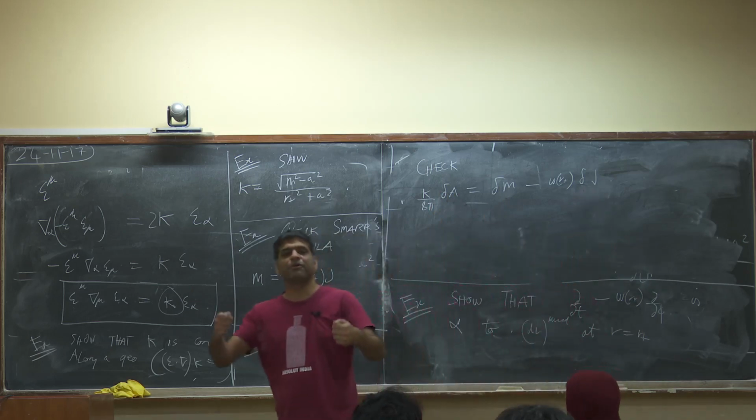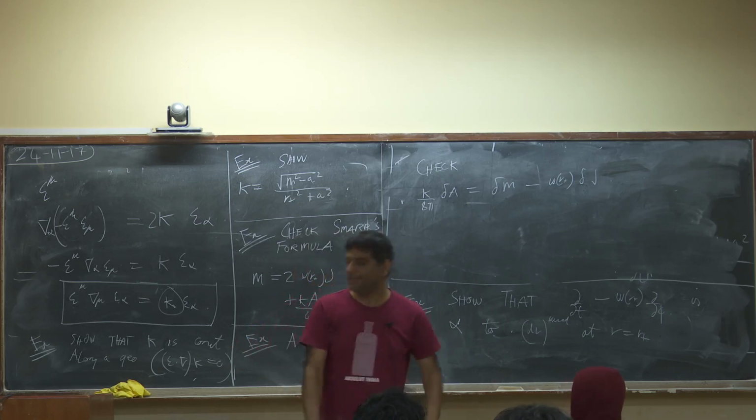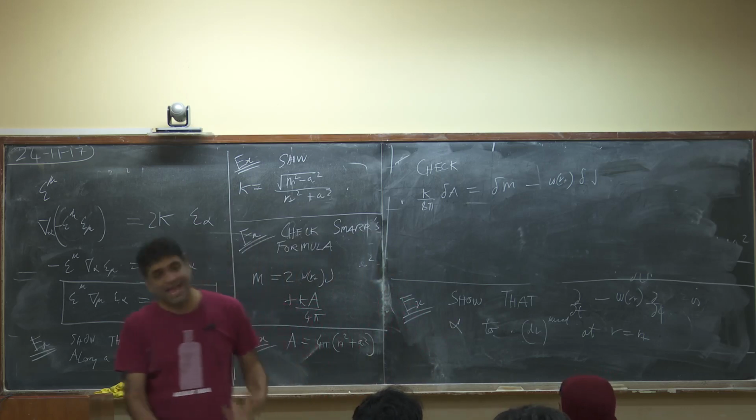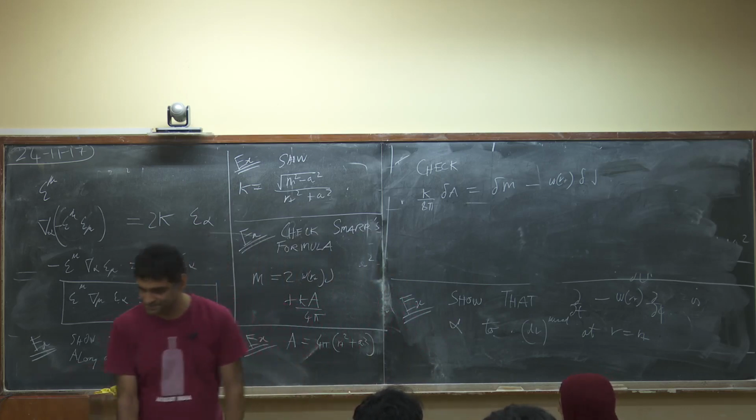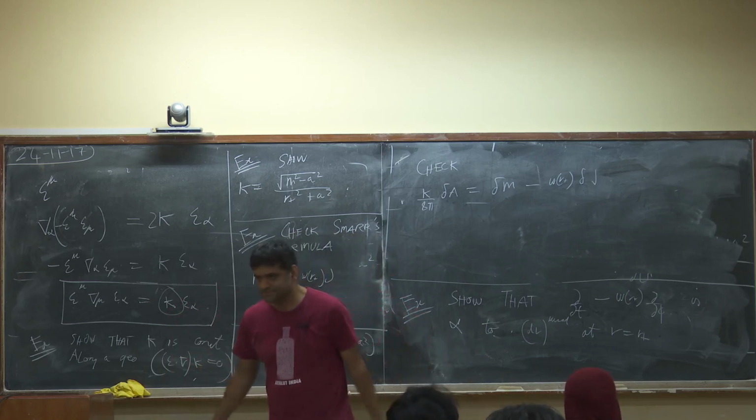Both of them are proportional to variations of delta A and delta M. And therefore, there is one relationship between them.